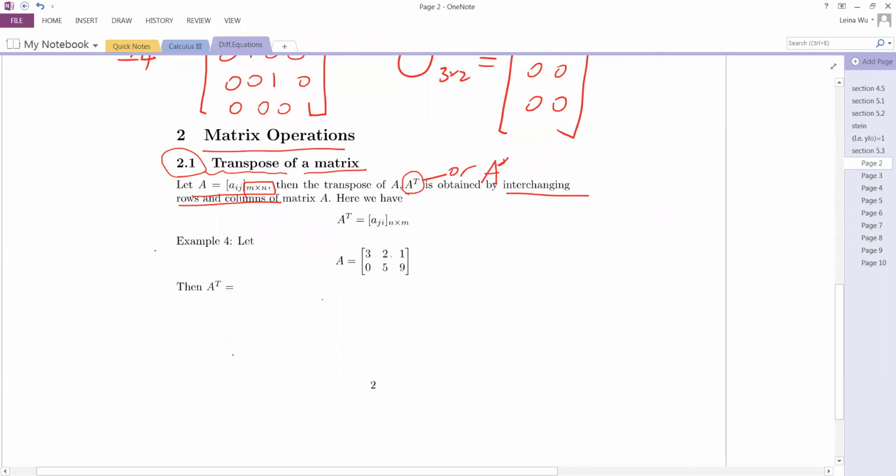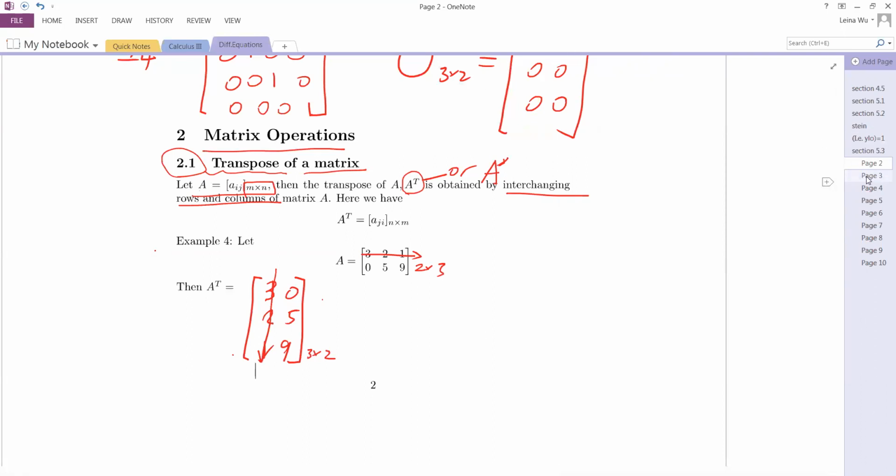The matrix A is 3 2 1, 0 5 9, and A transpose would be what Bridget just said. 3 2 1 goes downward, and 0 5 9 goes downward too, right? This is easy enough. Originally it's 2 by 3. Now it's 3 by 2. The first row goes to the first column.